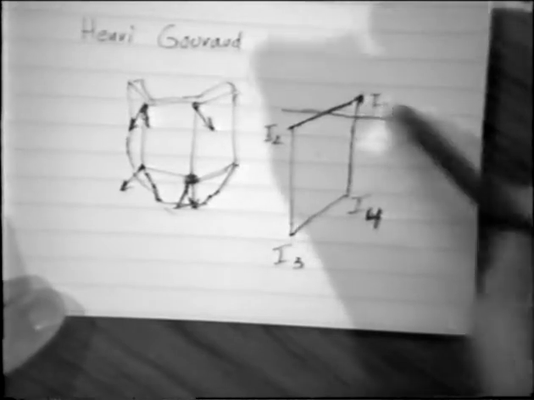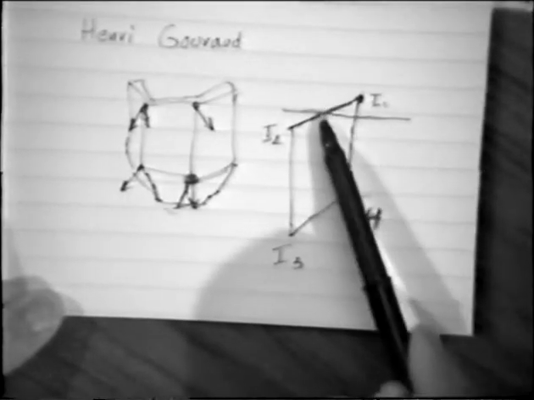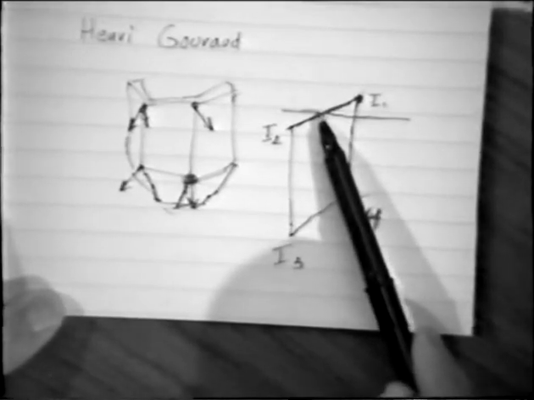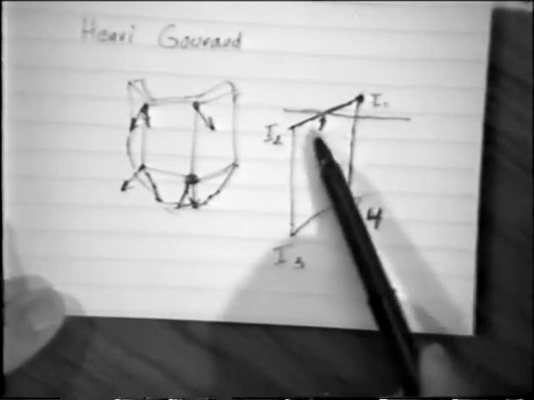For this edge down here, the intensity is going to linearly go from I1 to I4 as you go down that edge. Since we're halfway down this edge at this point, the intensity value here would be (I1 + I2)/2.